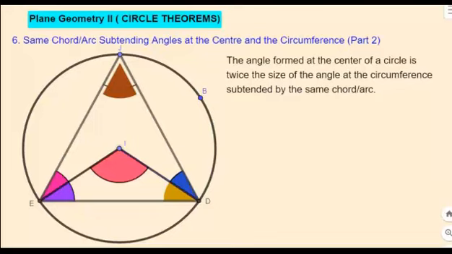And this was explained by moving angle EJD, which is the angle at the circumference, and placing it on angle EID, which is the angle at the center. We could all observe that angle EJD fits only half of the angle at the center, EID.